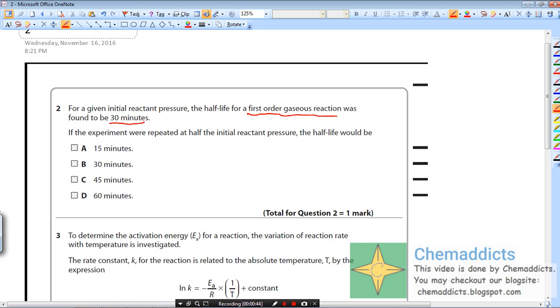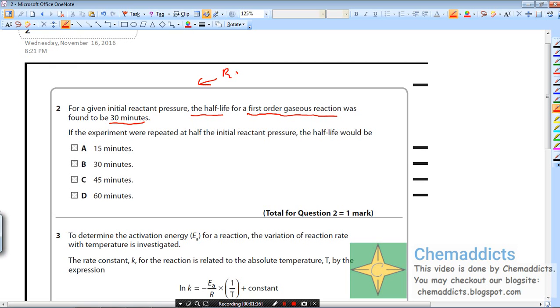If the experiment were repeated at half the initial reactant pressure, the half-life would be this, this, this, or this. So let's see. They have asked us to find the half-life for this reaction. If we look closer, we can see that here they didn't talk about rate.